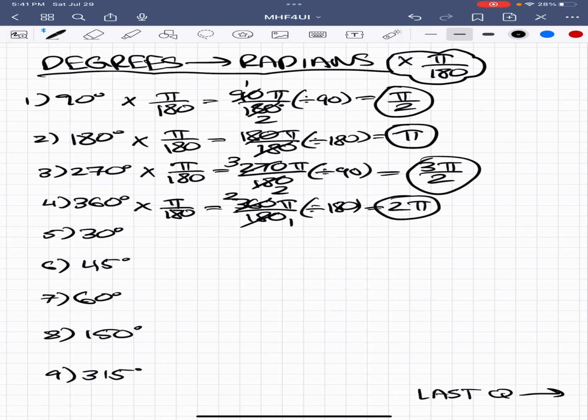And we're left with 2 pi. We're going to factor out 30, so we're left with 1 and 6.